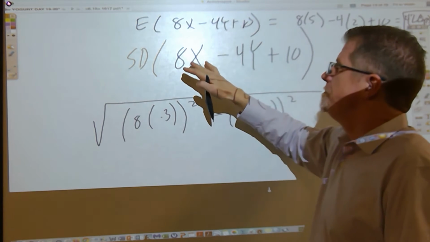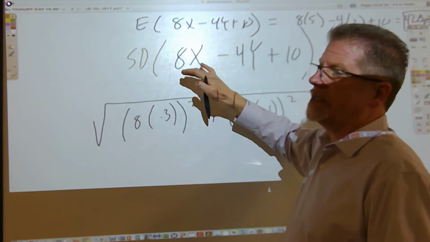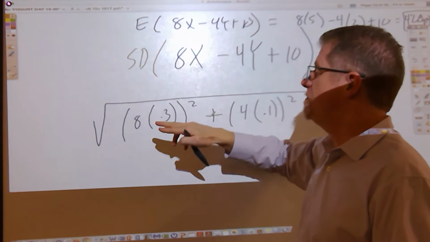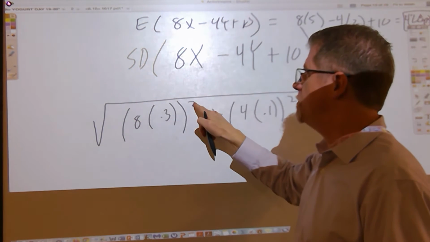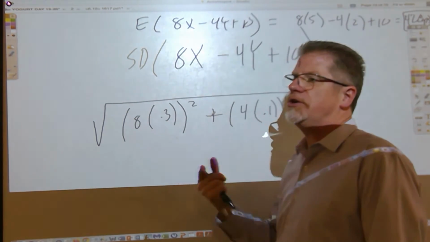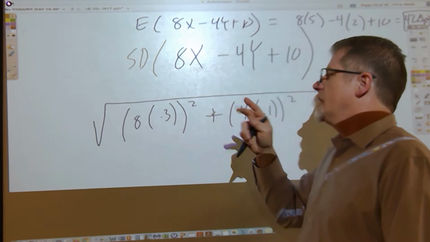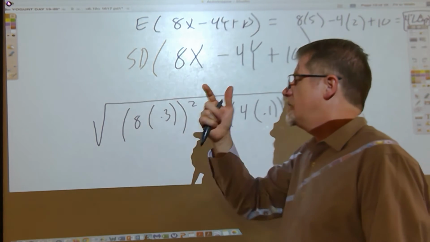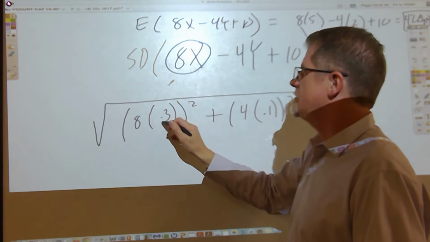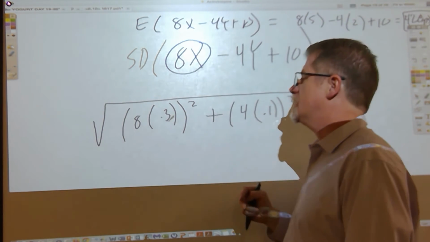If instead of 8x we had had x1 plus x2 plus x3 plus dot dot dot plus x8, then it would have been 8 times 0.3 squared. The squared would not have applied to the 8. But because of this yogurtizing situation, first we calculate the new standard deviation. Standard deviation of 8x is 8 times 0.3.